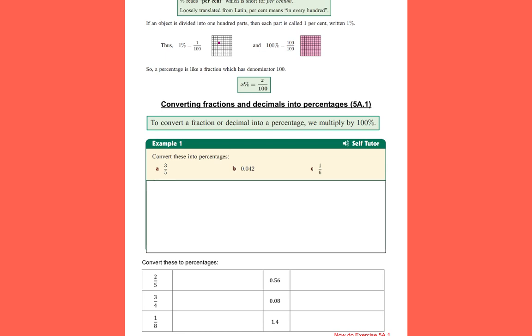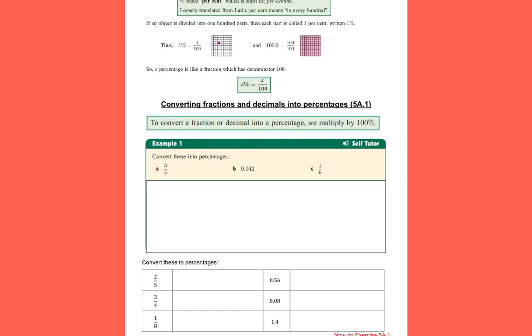Okay, so let's talk about percentages. We use percentages to compare an amount which is a whole. One whole is 100%. So a whole of anything is 100%. One whole cake, 100%. One whole class, if no one's away, is 100% of the class.